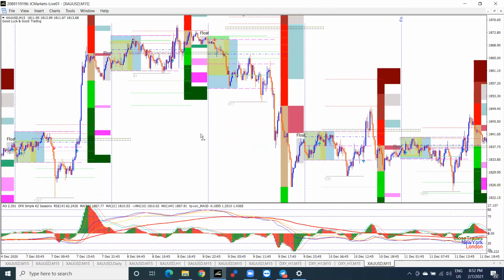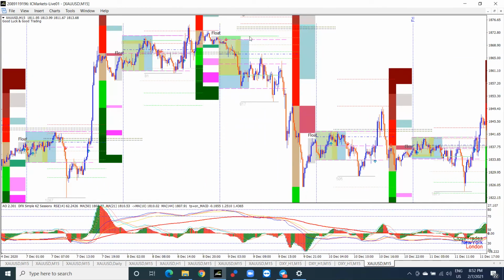I think it's perfect. We have here a great sell opportunity. You see this absolutely perfect sell opportunity. The conditions are met. The standard deviations are in the previous standard deviation.